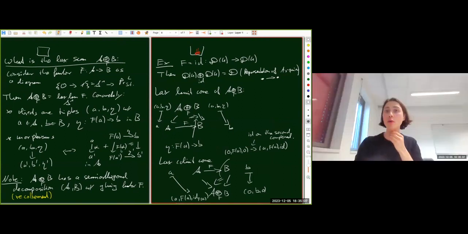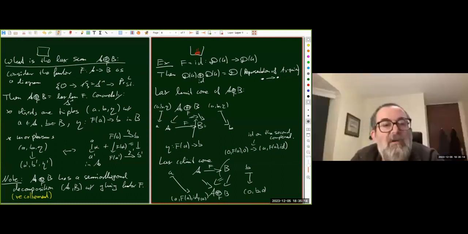You mean this here, or what do you mean? In the previous one, when you had F alpha to B, F A prime to B prime, there will be a second morphism from B to B prime as part of the structure, and you want this diagram to strictly commute.